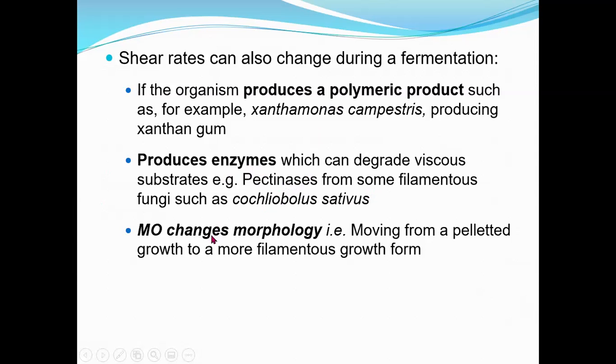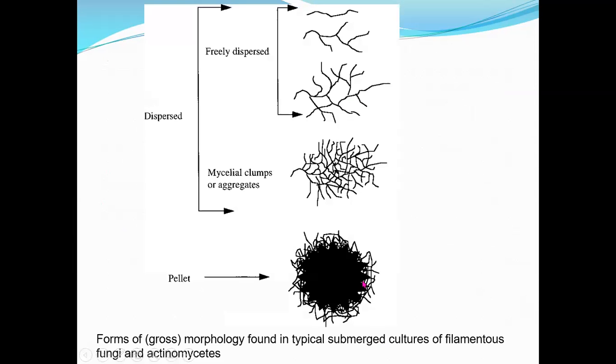And in other cases, the morphology of the microorganism could change during the course of fermentation. Initially, for example, the microorganism is in a pelleted form of growth, later it forms a filamentous form of growth. Like this one, initially it was the pelleted form and then it changes to filamentous. So it occurs mostly in the filamentous fungi or the actinomycetes group.